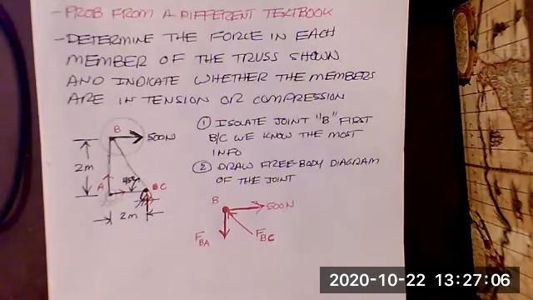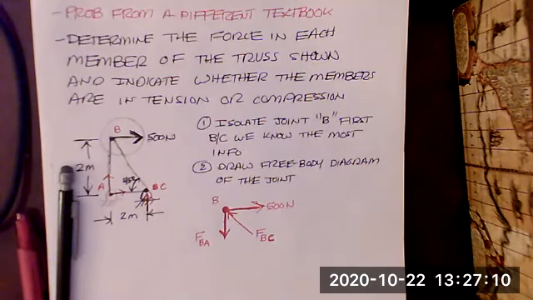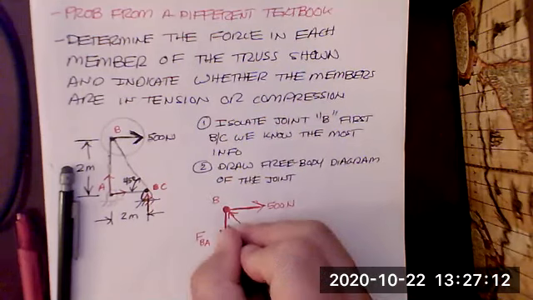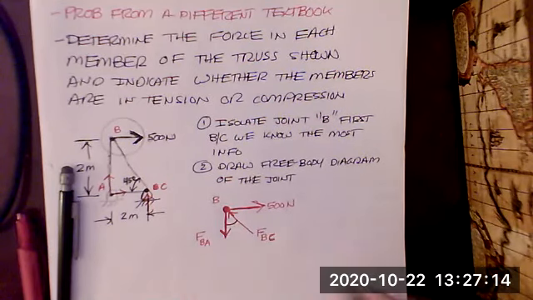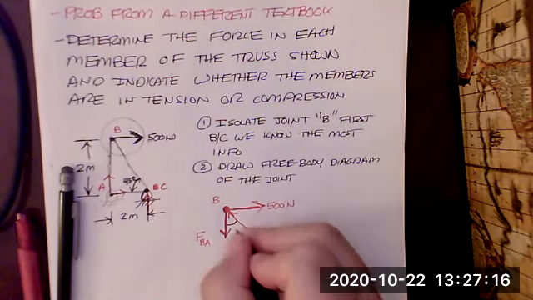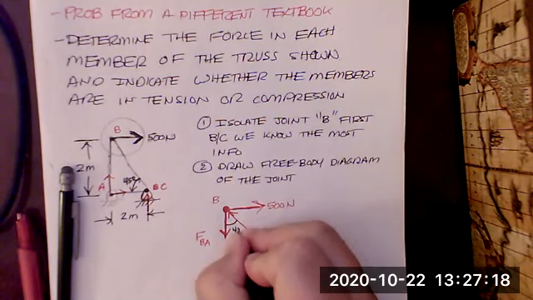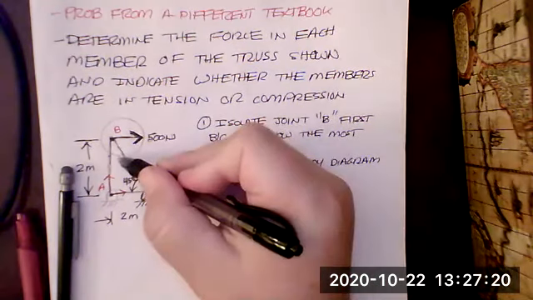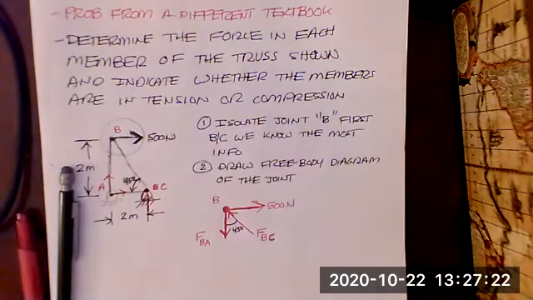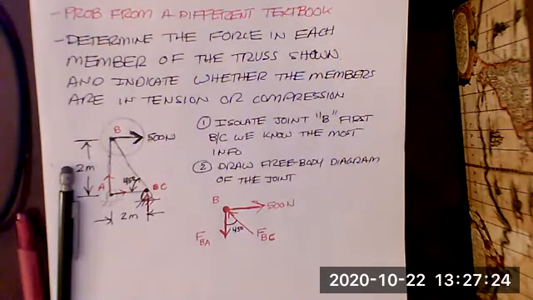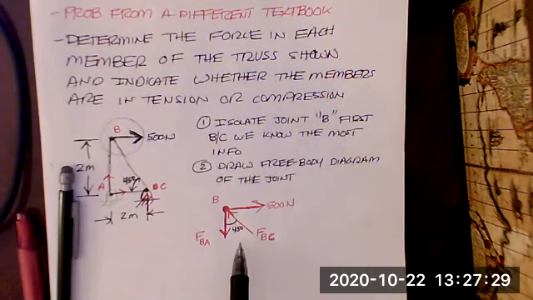All right, so we know this angle right here. We know this angle right here. That angle is 45 degrees, right? Because that would be this angle right here, is 45. Questions about this?